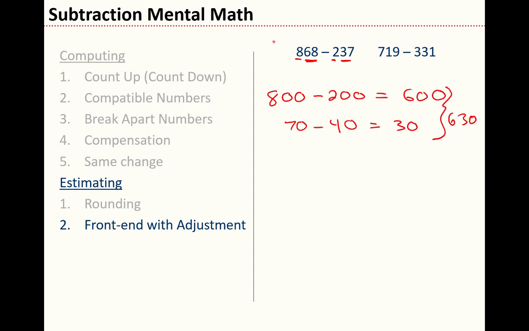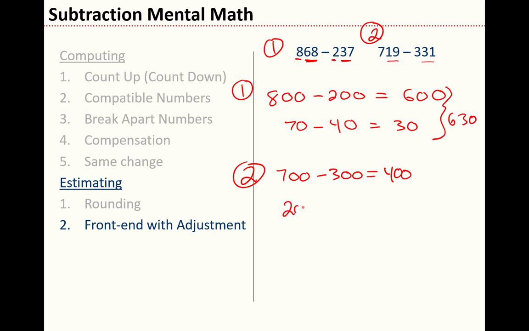Now, let's try that with our second problem. Front end with adjustment. So 700 minus 300. So that's 400. And then I'll have 20 minus 30. And something unusual happens here. I actually end up with negative.